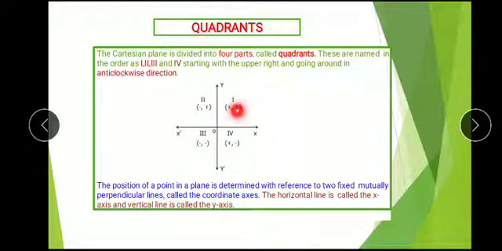It may be in the first quadrant, the second, the third, or the fourth. The horizontal line is called the x-axis and the vertical line is called the y-axis. As I told you earlier, the vertical is the y-axis and the horizontal line is the x-axis.